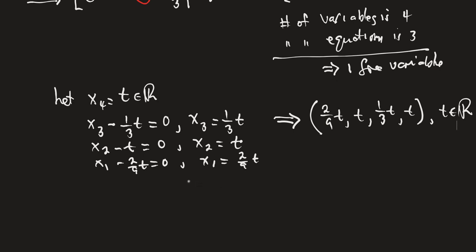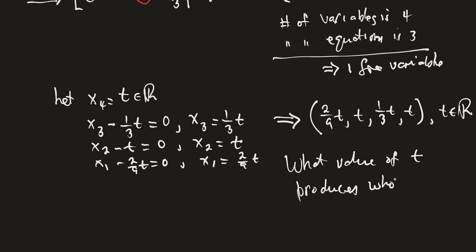So the question is, based on the formulas that I see here, what value of t produces whole numbers for x1, x2, x3, and x4, and let's add this other condition with no common factors.